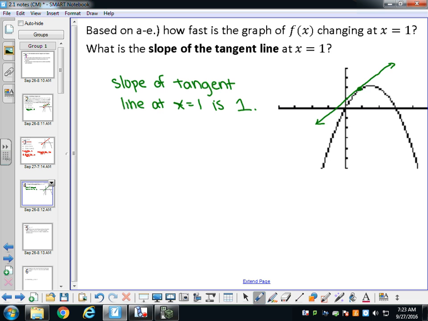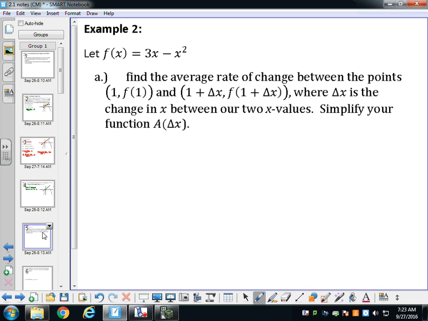So now we're going to keep working with that same function, 3x minus x squared. But I don't necessarily pick the x value; I'm just choosing an arbitrary x, in terms of how far I am from that one value. This time I want to find the average rate of change, which is just the slopes of those secant lines.